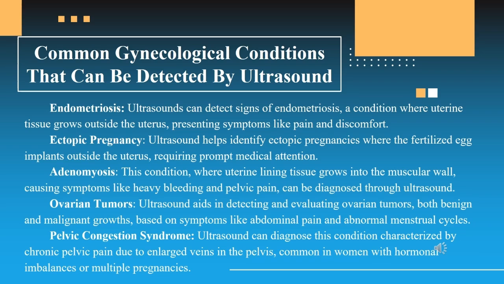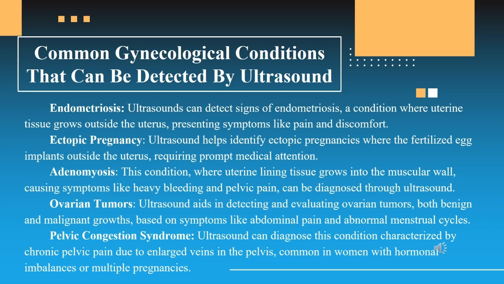Ultrasounds can detect signs of endometriosis, a condition where uterine tissue grows outside the uterus, presenting symptoms like pain and discomfort. Ectopic pregnancy helps identify a pregnancy that was fertilized and implants outside of the uterus, requiring prompt medical attention as it can be life-threatening. Adenomyosis is a condition where the uterine lining tissue grows into the muscular wall, causing symptoms like heavy bleeding and pelvic pain, and can be diagnosed through ultrasound.